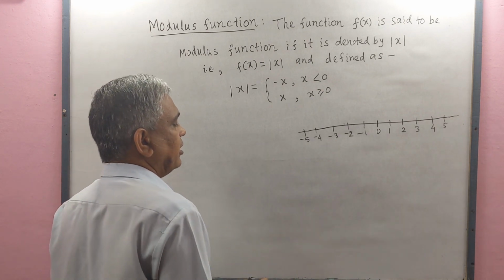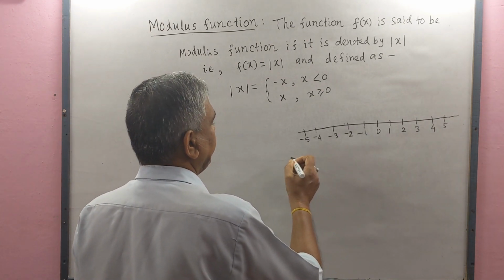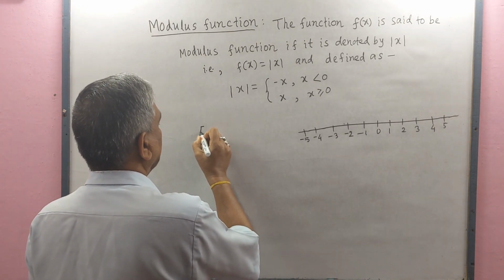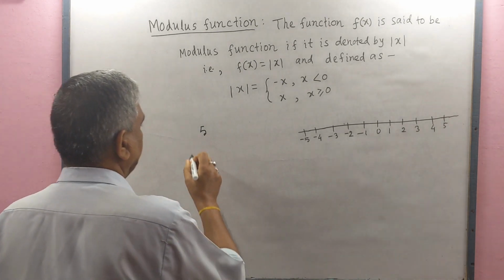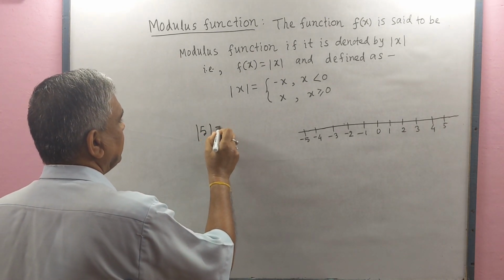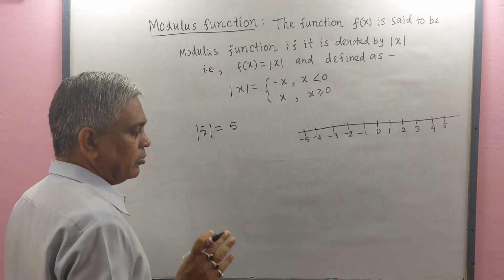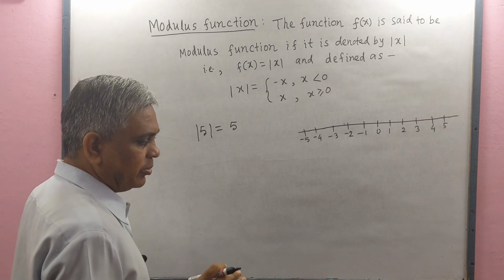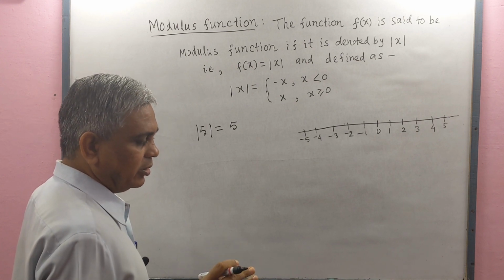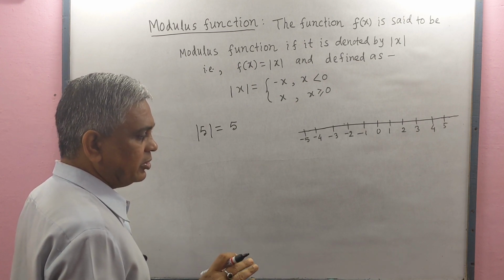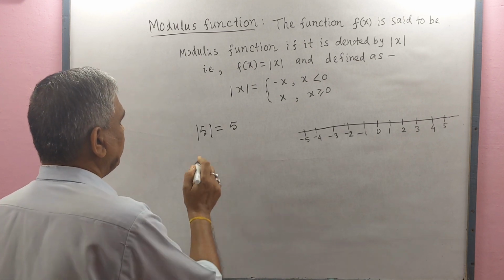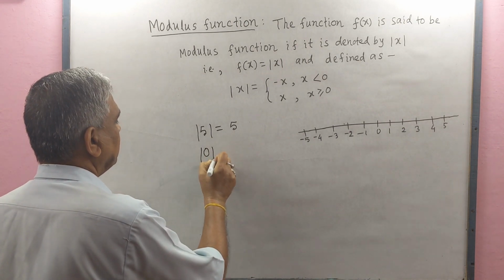Let us take a positive number 5, and modulus of 5 is 5. We know that modulus makes a number non-negative, that is, except 0 it is positive. Modulus of 0 is 0.